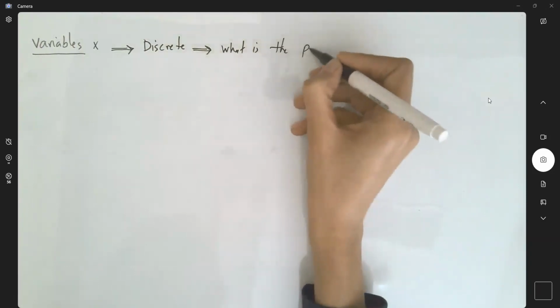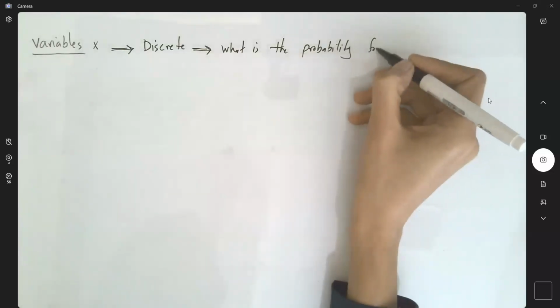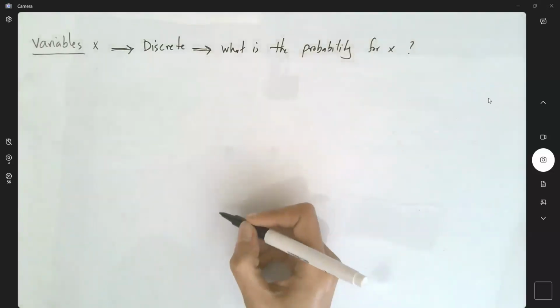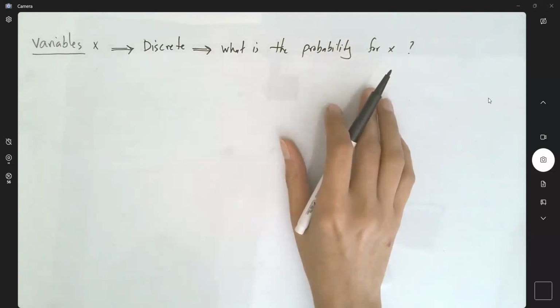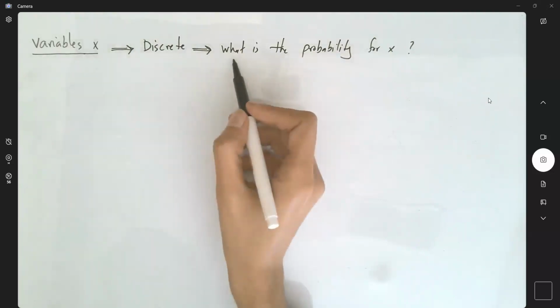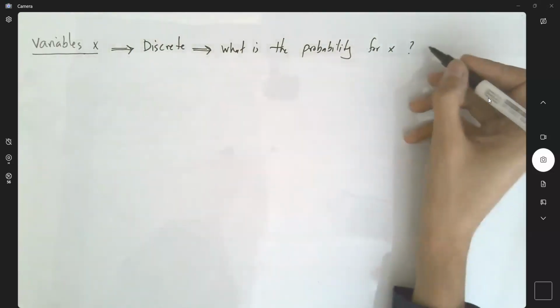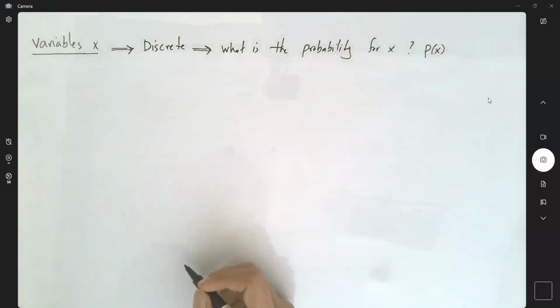What is the probability for x? These are types of questions that statisticians usually deal with. You have a variable, it's discrete. What is the probability for x, which we represent by P of x?